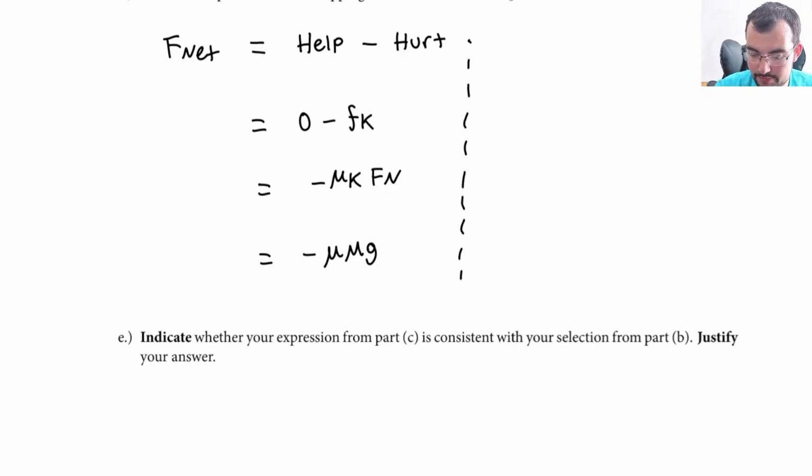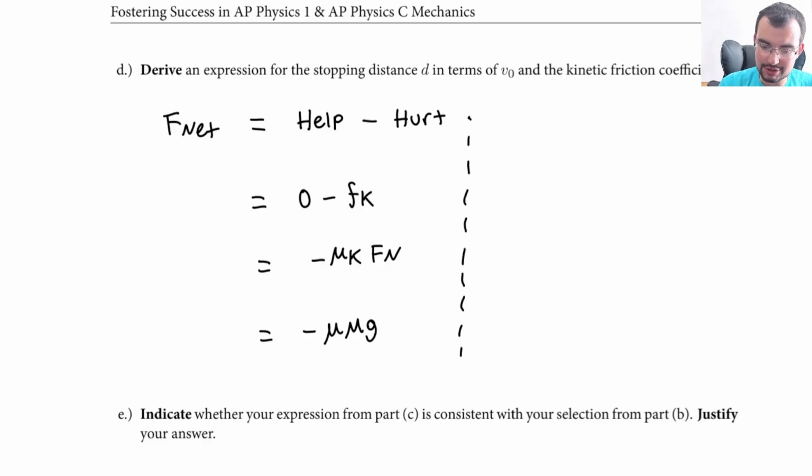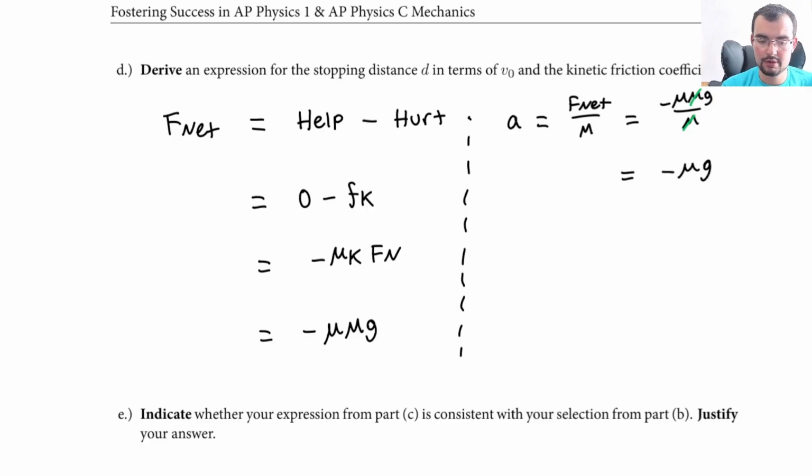So now we can find the acceleration, because acceleration is just F net divided by M. So negative mu mg divided by M. Everybody brought M to the party. Goodbye. So our acceleration is minus mu times g. And now it's kinematics time, because we've unlocked what we needed. We got the acceleration.